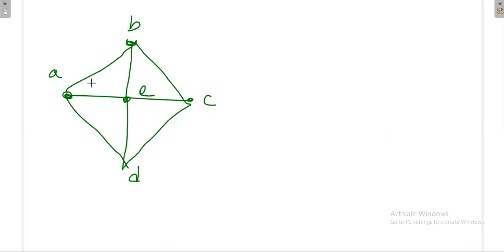I want to make this graph into two parts. Again, two parts in the sense that a part could have at least one node, or more than one node. So first, for example, I am separating the node A like this. If I cut like this, what would the diagram look like?